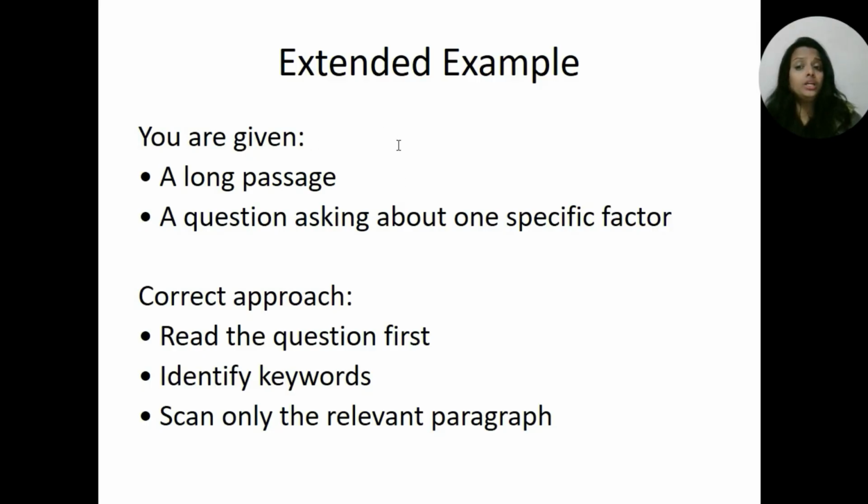So the approach you should apply here is, first read the question, then identify the keywords, then scan only the relevant paragraph. If you read each and every word in the paragraph, you will lose your time. So first read the question, identify the keyword, then scan the relevant paragraph related to the keyword, and you can answer the question.